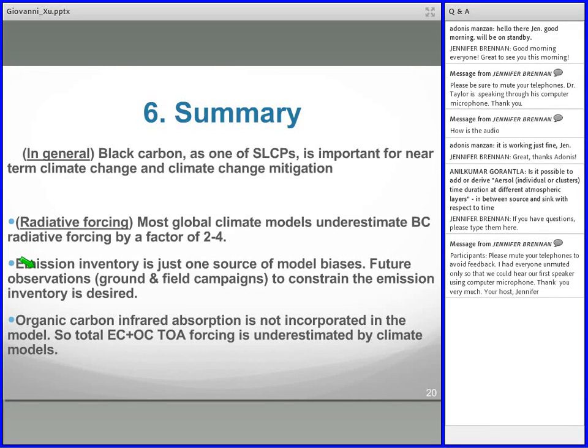Some future research is needed to further constrain the emission inventory here. Another important point is that organic carbon absorption is another source of biases, and models should be improved in that aspect to improve our understanding of the total carbonaceous aerosol radiative forcing.